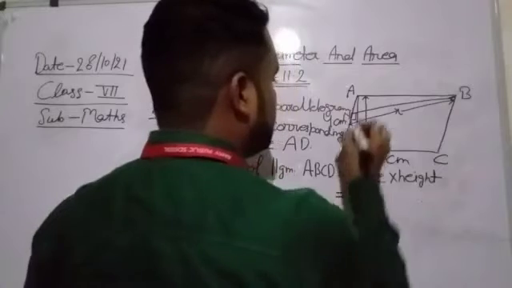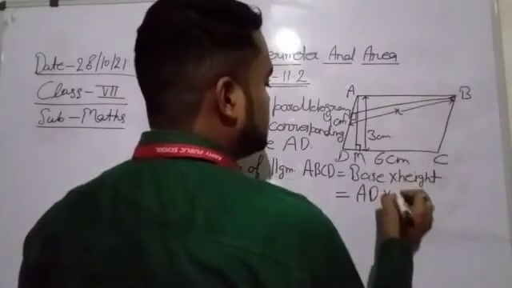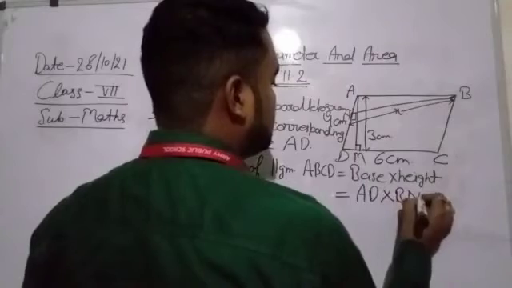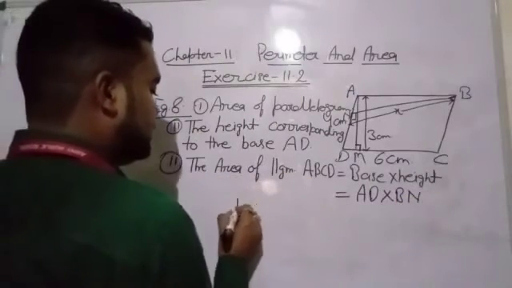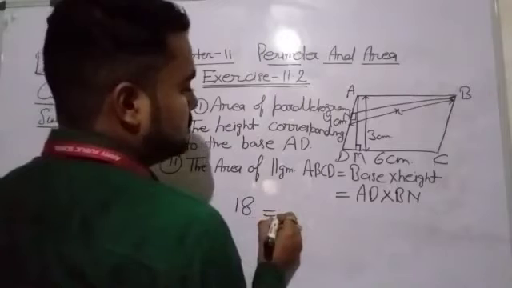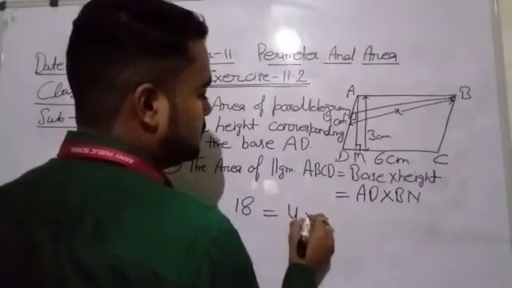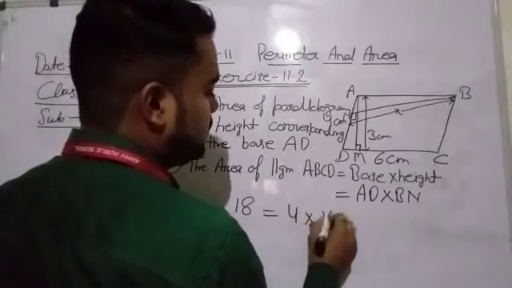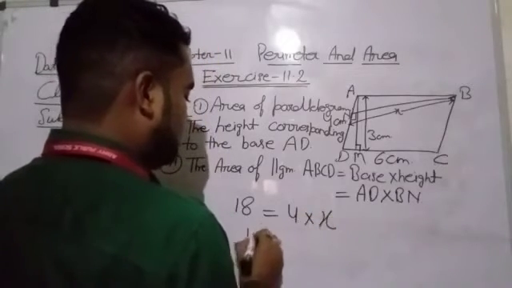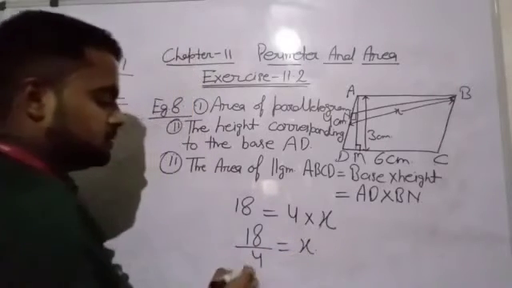If base is AD, now corresponding height is BN, and as we know the area of parallelogram from the first part is 18 centimeter square and base is 4 centimeter given into BN. Here BN we let x. So 18 upon 4 is equals to x.